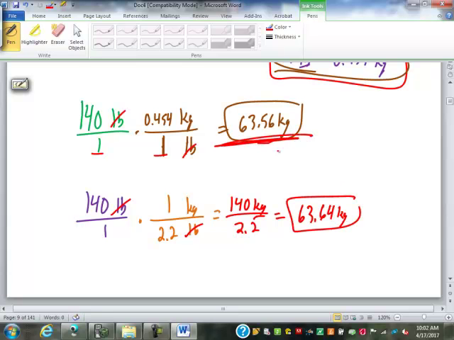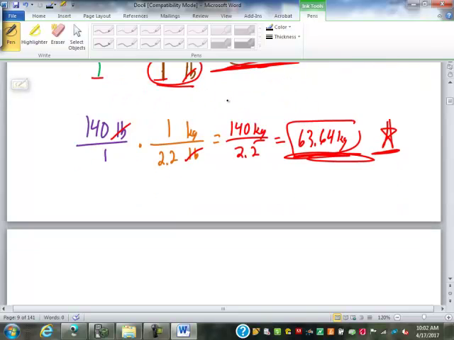You can see really, really close to the same. It's just round off errors is all it is, but my math lab will not accept this answer. This is just far enough outside the round off error to not accept it. So when you are doing these in my math lab, make sure you set up that conversion factor so that 1 is in the denominator.